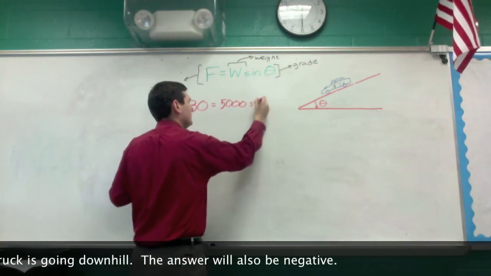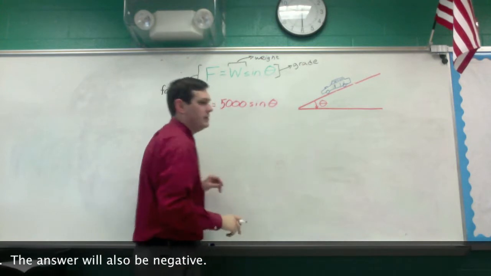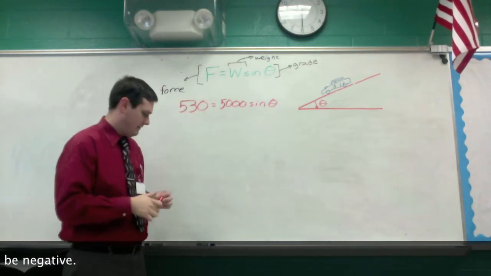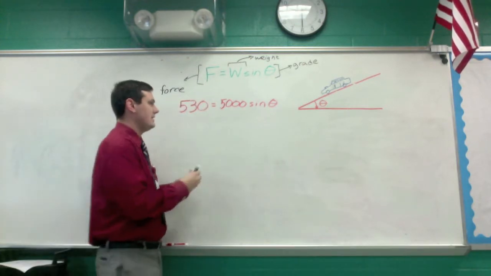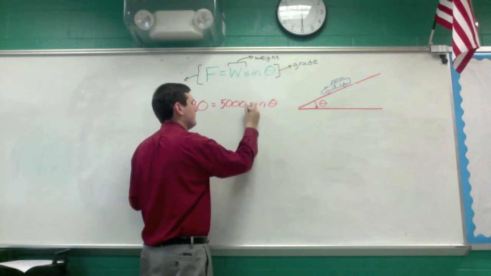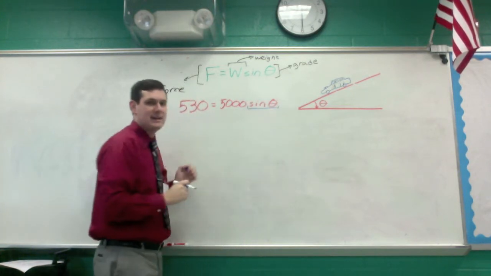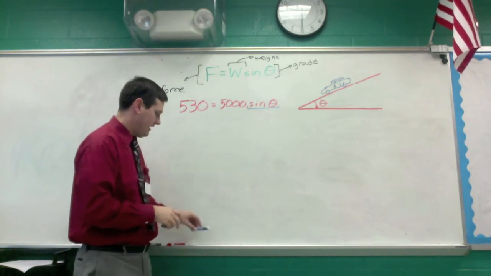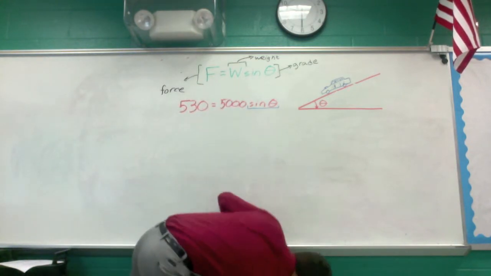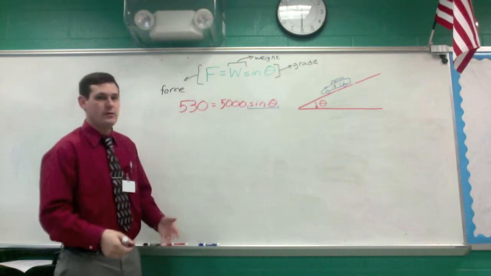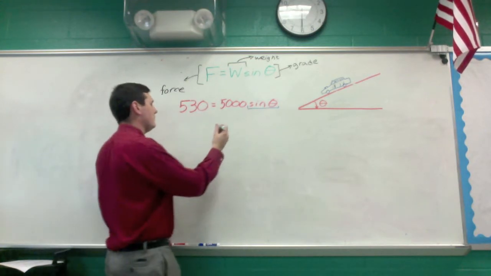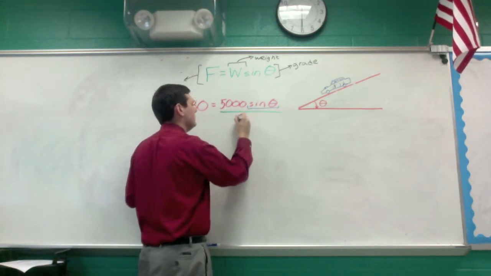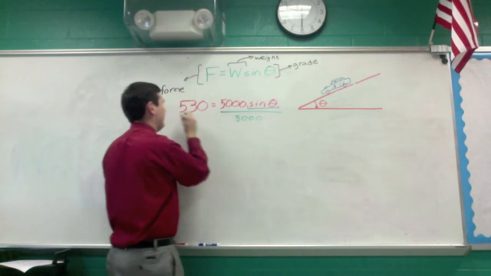So that equals 5,000 sine theta. Now what I'm going to have to do is use algebra a little bit. I'm going to have to get sine theta by itself. So in order to do that, I have to move the 5,000. Since the 5,000 is multiplied times the sine, the way to get rid of it is to divide. So I divide both sides of the equation by 5,000.